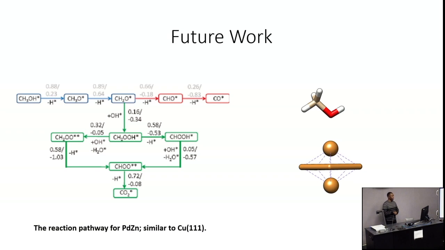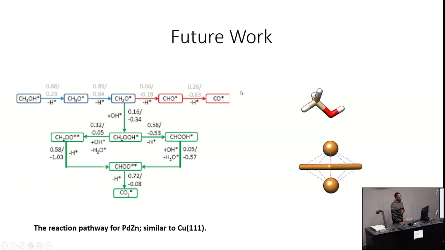So in the future, I want to determine what the mechanism for methanol decomposition on these clusters is. Right now we know that there are a couple of pathways that begin with methanol and its subsequent dehydrogenation to carbon monoxide or carbon dioxide. We preferably would like to have a carbon dioxide product, because the carbon monoxide product poisons the anode and the electrolytic membrane.